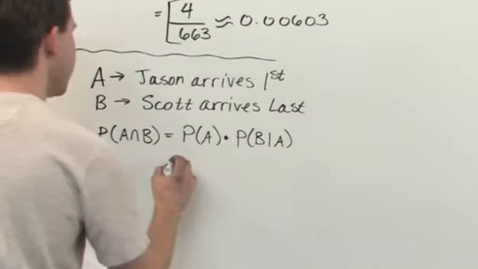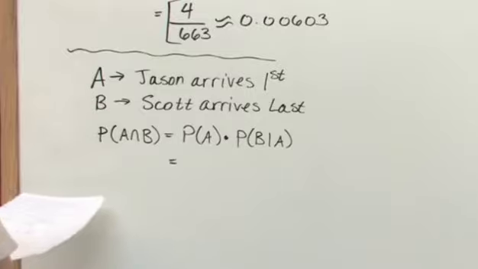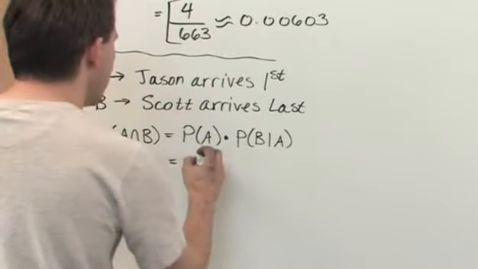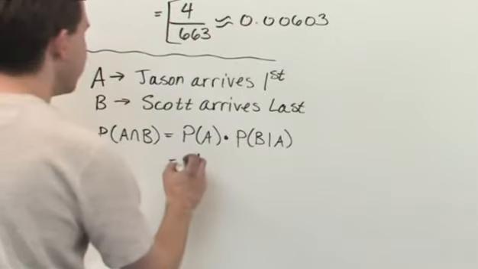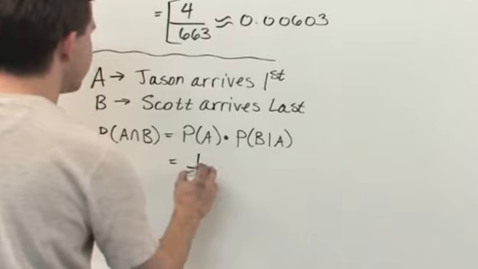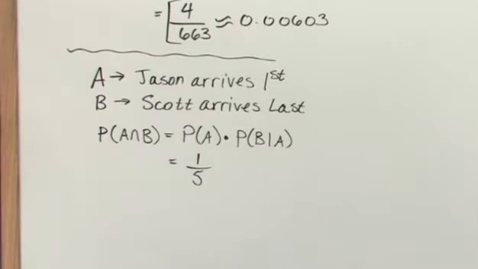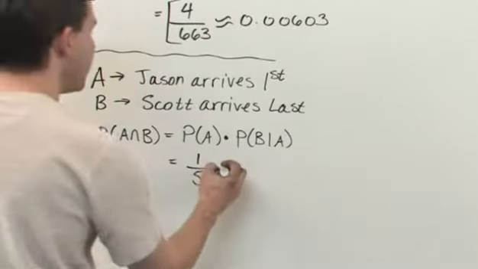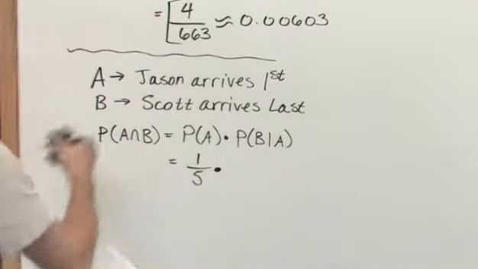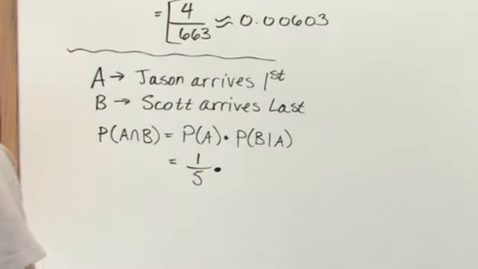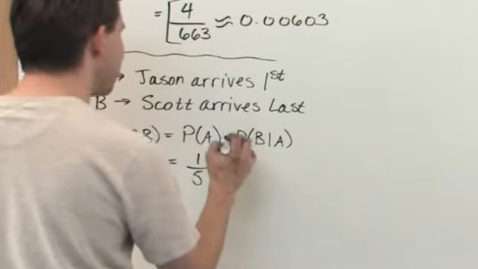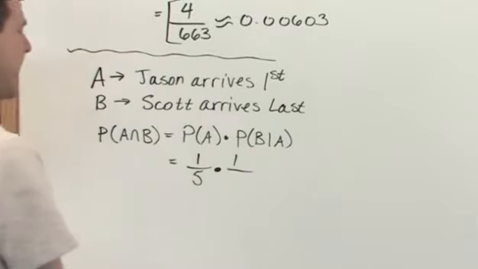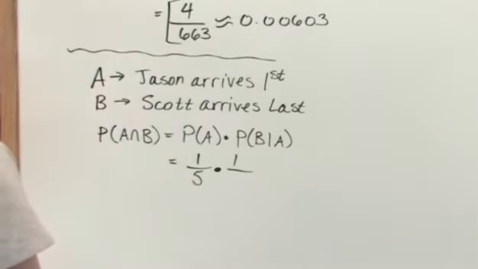Okay? So let me ask you this. There's 5 people here, Jason, Jamie, Sarah, Jill, and Scott. What's the probability that Jason arrives first? Well, there's only one way that can happen. Jason is the guy that arrives, divided by the 5 possible people. If they arrive randomly, there's a 1/5 chance Jason will arrive first, times what's the probability that Scott arrives last? Well, there's only one Scott, so only one way that success can happen, divided by how many remaining people can arrive last.